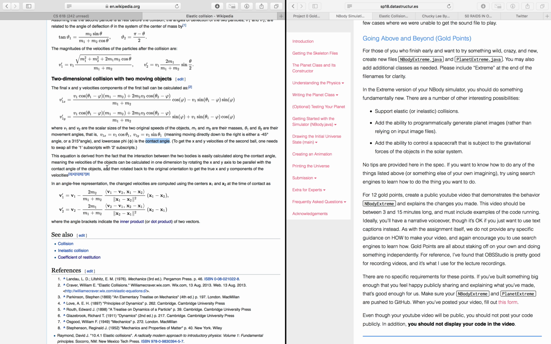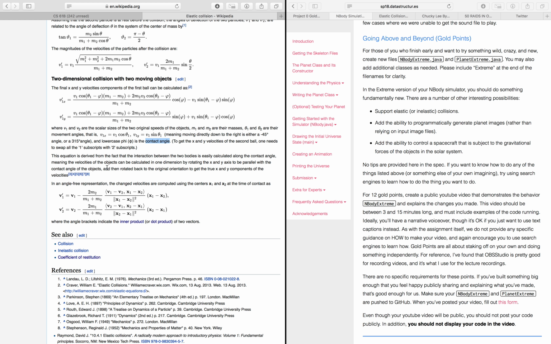And once you have that, you can calculate a force due to the elastic collision for the two planets. And once I had the force due to the elastic collisions, I had to combine that with the force due to gravity. I couldn't keep them independent.